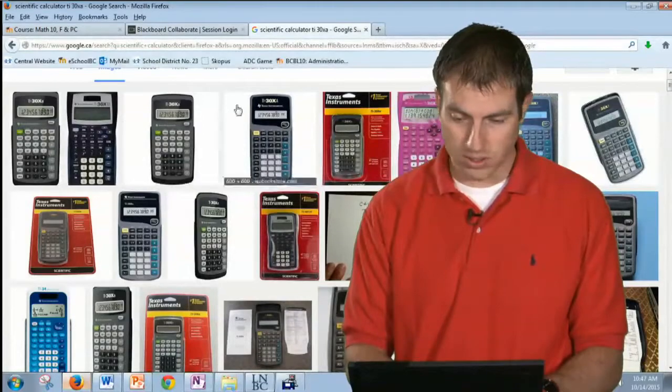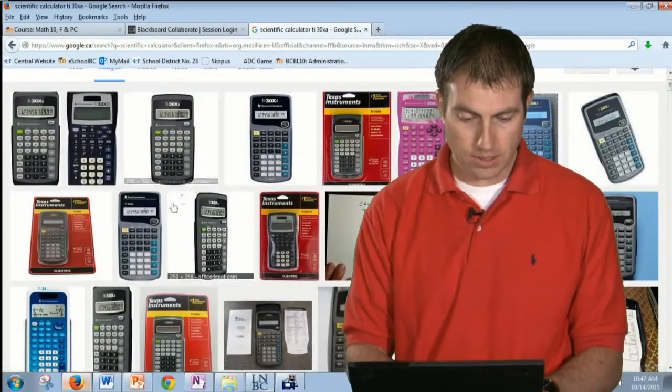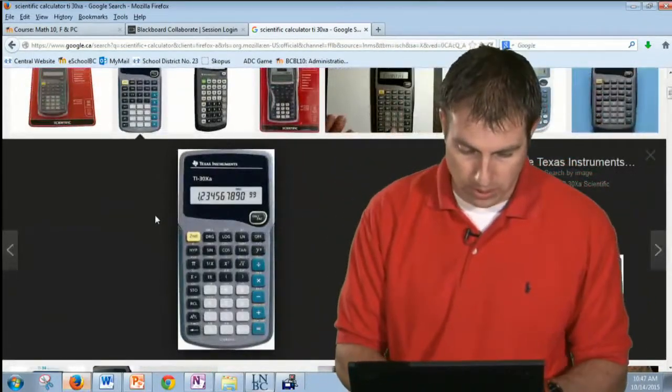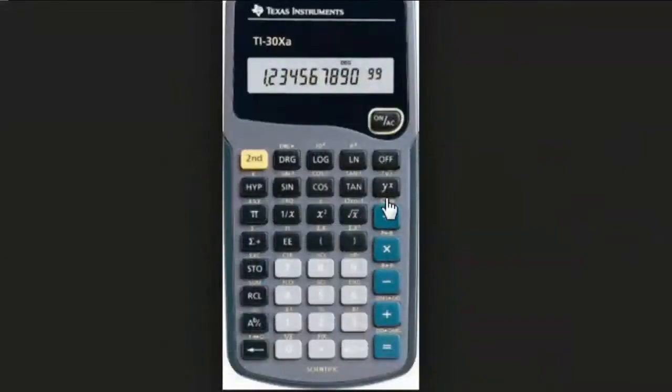It looks old. It's probably this one here. Alex, the calculator on your phone is not going to work because you can't use it during your exams. So these buttons aren't great.